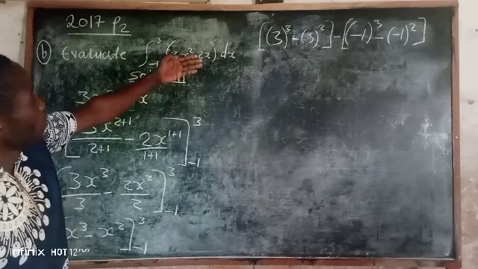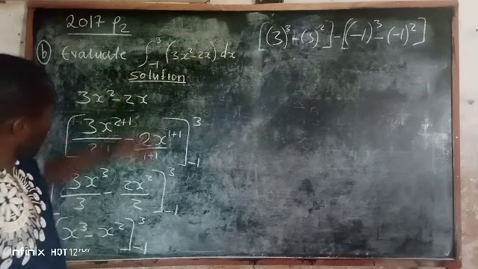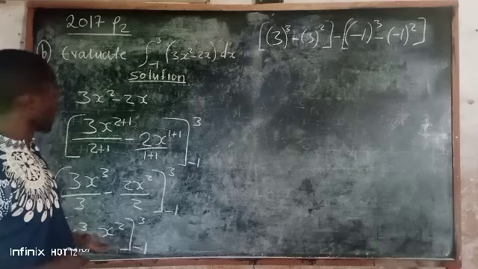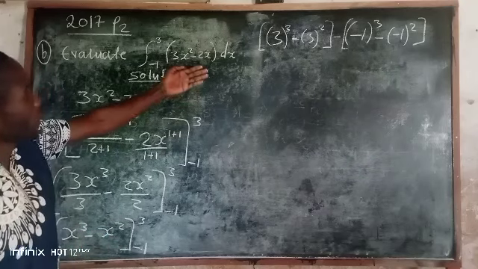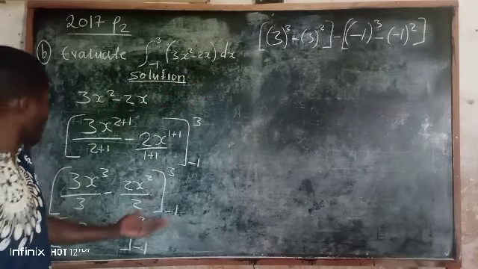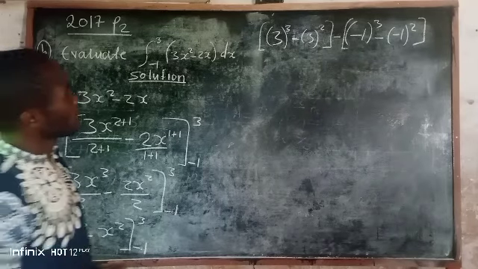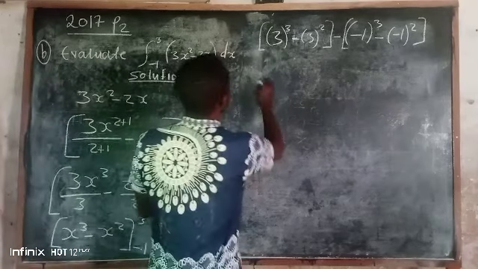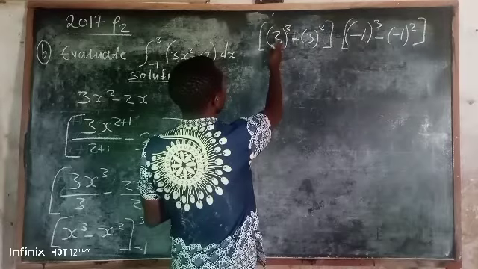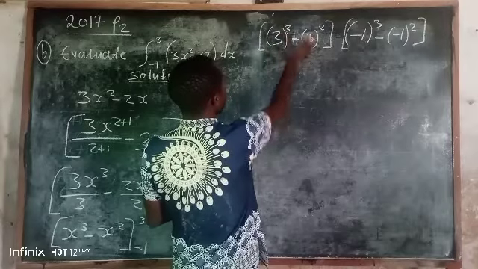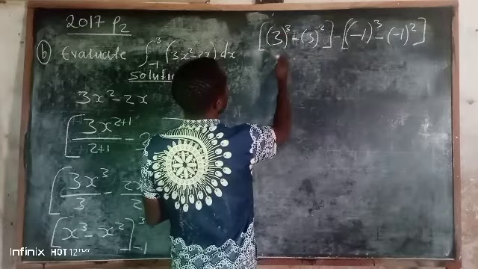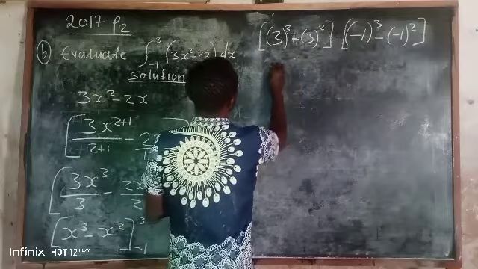That means we have substituted the upper limit into the same expression, minus the lower limit substituted into the same expression. Then let us simplify further and see the final answer. When we say 3 cubed, it is 3 times 3 times 3, which is 27.